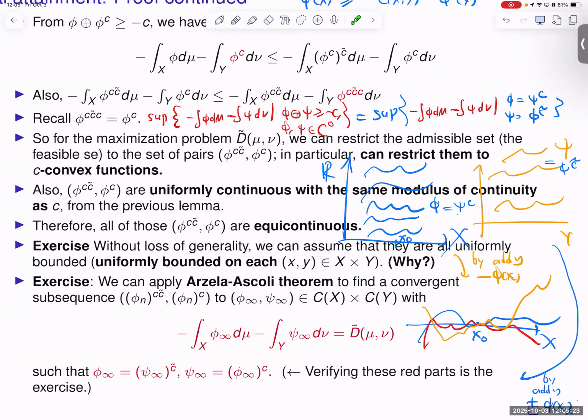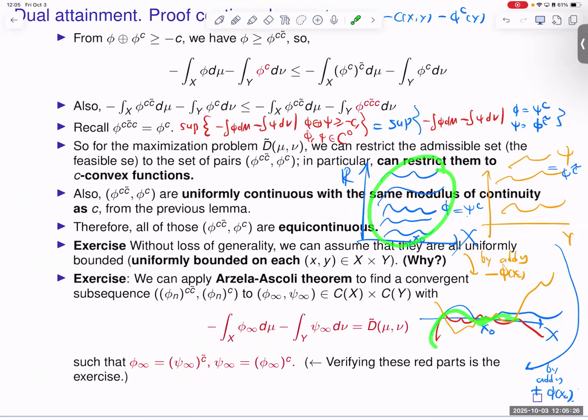Then at least for this family of phi, they all pass through x0, they are uniformly continuous, and X is compact. So all these reduced functions are bounded by the same uniform constant. So you have boundedness here, and all these psi functions will be the c-transform of the functions here.